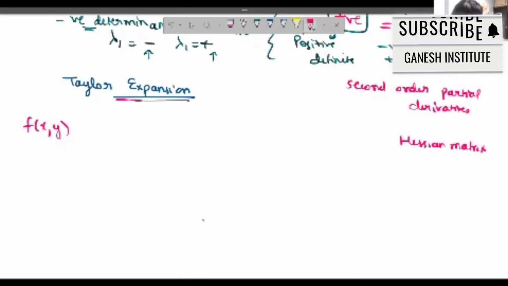In the notes which you have given me, it is only given in half of the page. And later on, questions are asked in various sets, so it is there in the syllabus.